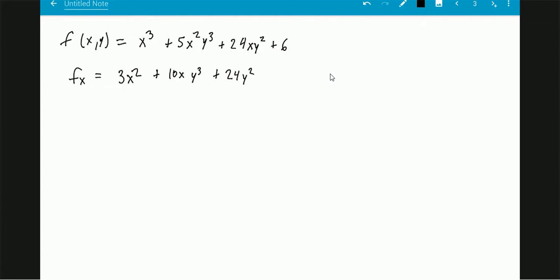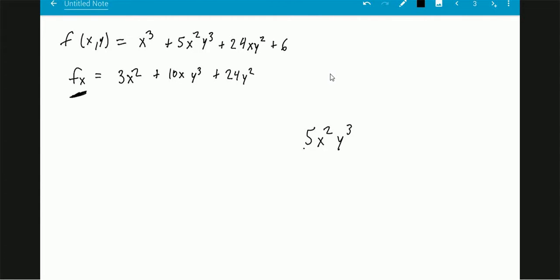Okay, so obviously our first term there, x cubed, becomes 3x squared when you do the derivative. Okay, no problem there. Let's concern ourselves with the second term, 5x squared y cubed. Keep in mind we're doing f sub x right now. Okay.